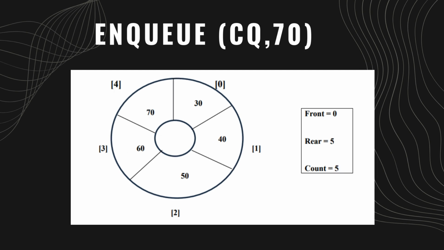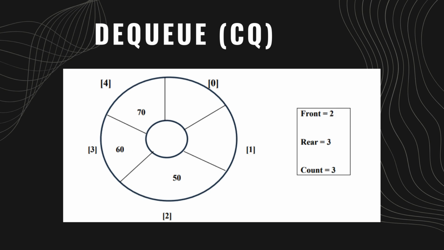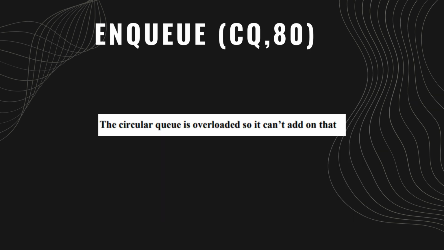NQ70, we insert 70, the rear and count would be 5. DQ a value, the front will be 1 since we DQ the front value and rear count would be 4. And DQ again, rear count will be 3, front will be 2.